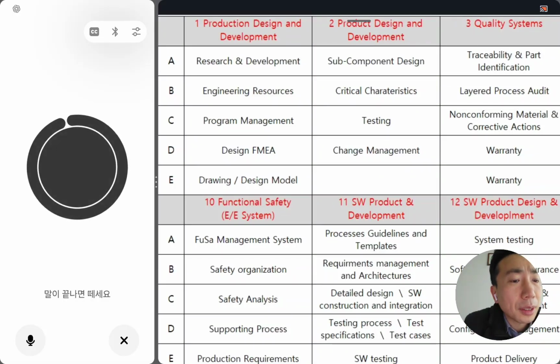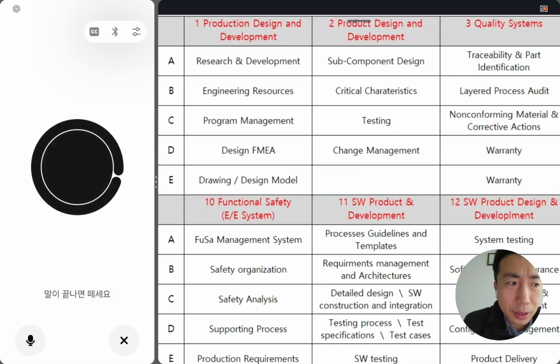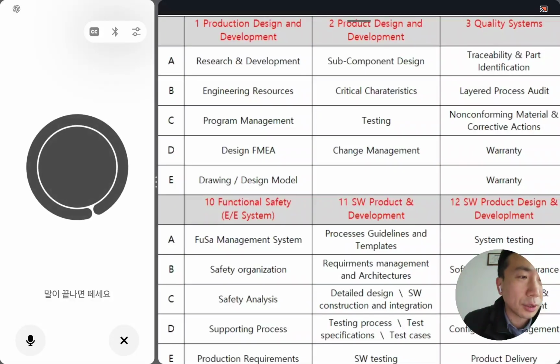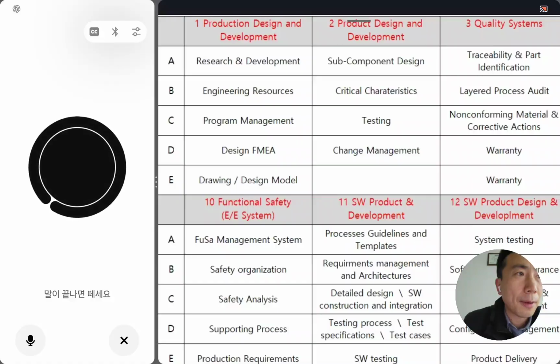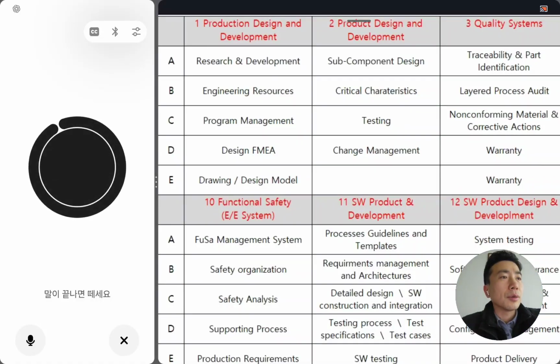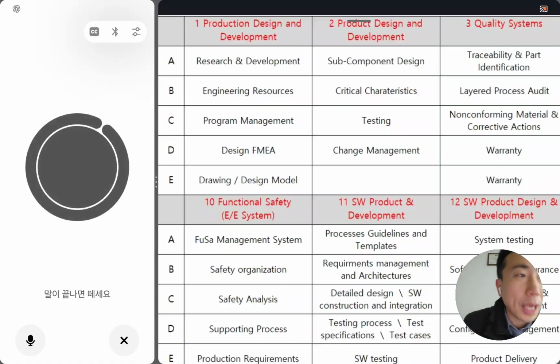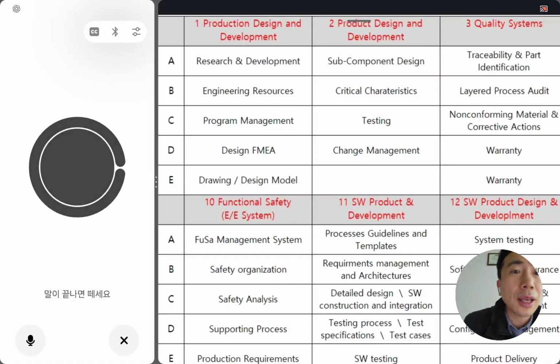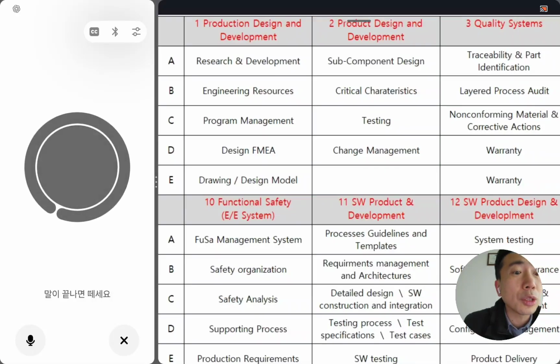GPT, let me repeat. Let me read your potential questions one more time about the control and verification of critical characteristics.